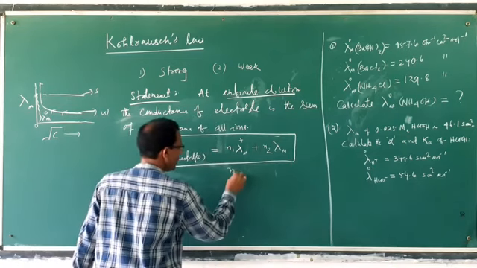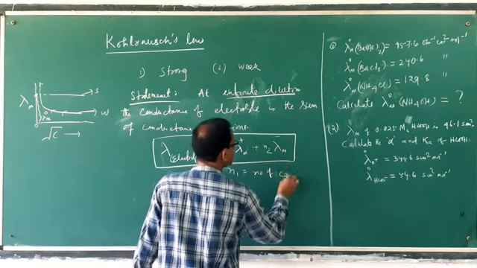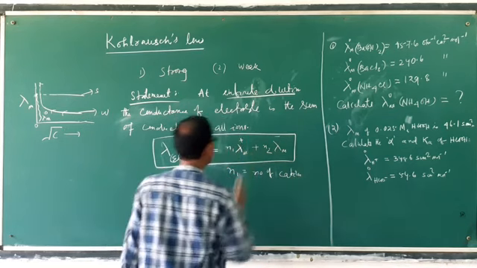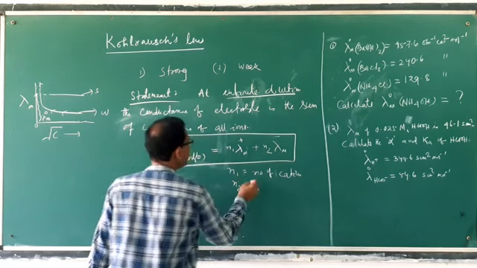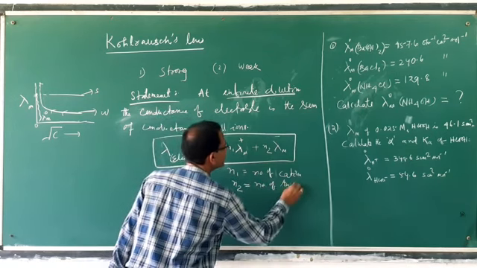N1 is the number of cations, and N2 is the number of anions.